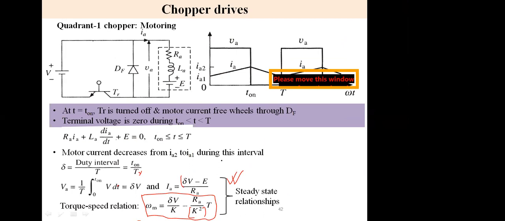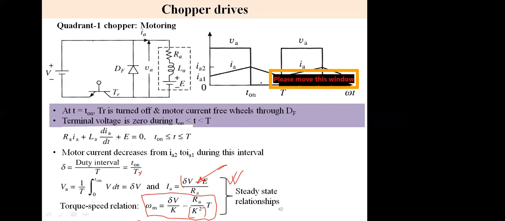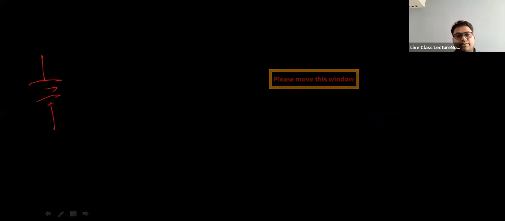So how do you get this equation? Just a second. If you have this power supply and you are putting it here, this is the motor, this is the IGBT, then what would be the equation?